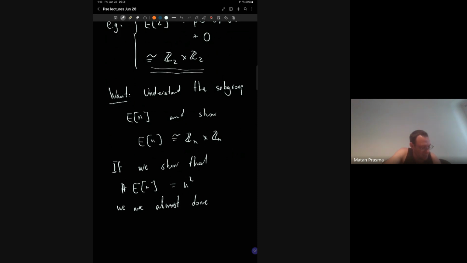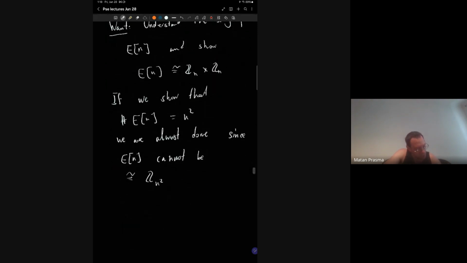And the reason is that En cannot be isomorphic to Zn square, because Zn square has an element, many elements, but at least one of order n square, and En does not.